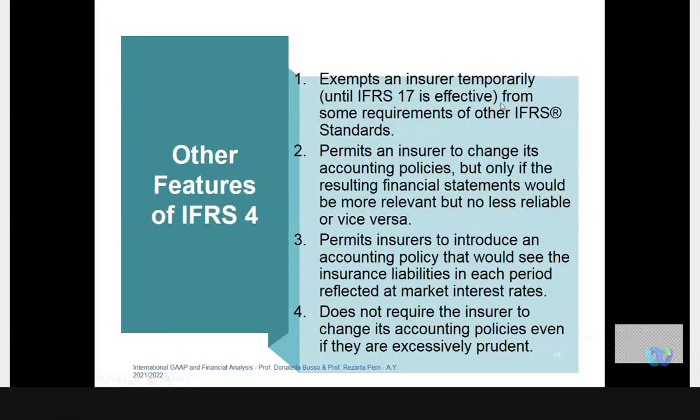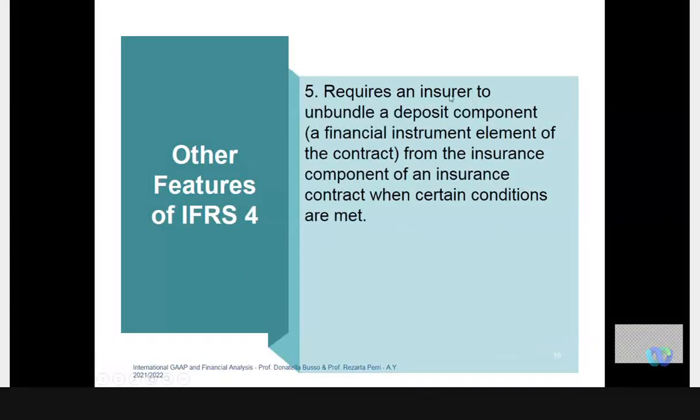That is IFRS 17. Another thing is that IFRS 4 requires or permits, you can see it in both ways, an insurer to unbundle its deposit component, that is a financial instrument element of the contract, from the insurance component when certain conditions are met.